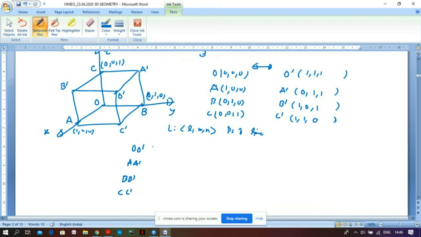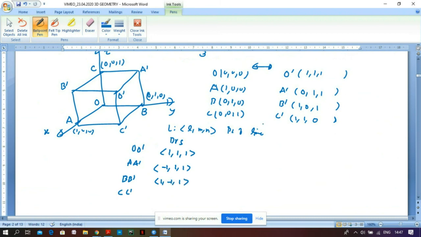Now, OO prime has direction ratios: just subtract the coordinates of O from O prime. So I'll get (1, 1, 1). AA prime, if I write, I'll get (negative 1, 1, 1). Similarly, BB prime, I will write (1, negative 1, 1).